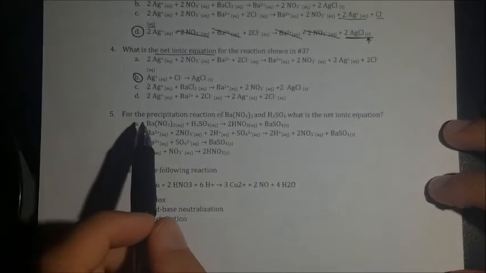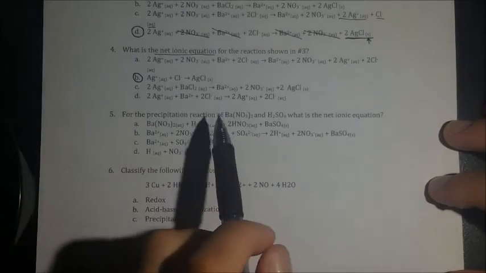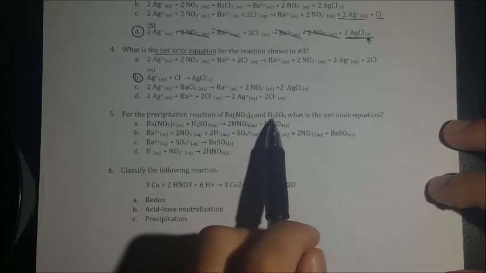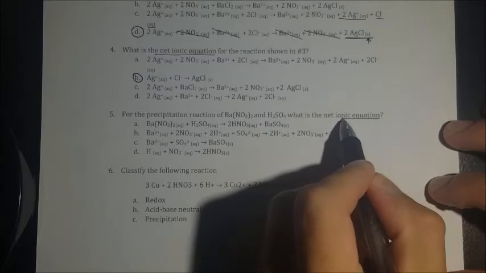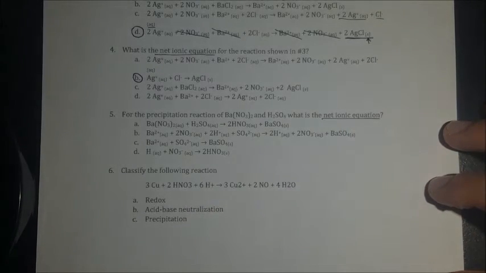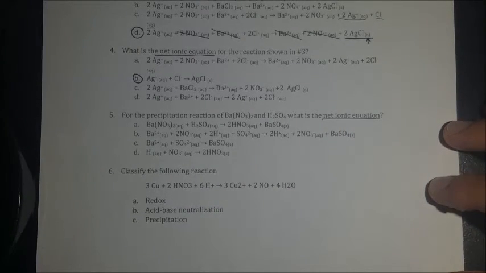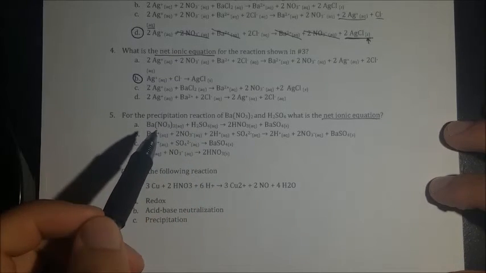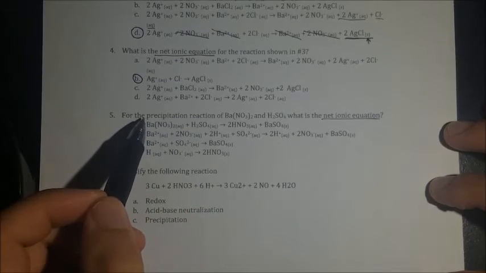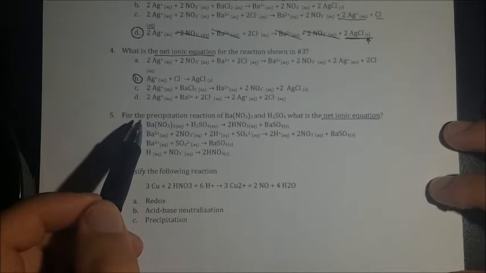Number 5 gives us a precipitation reaction of barium nitrate and sulfuric acid, and asks us to determine what the net ionic equation is. So let's see here. We've got barium nitrate and sulfuric acid reacting. Anytime you get a precipitation reaction, you're going to get a double displacement reaction.